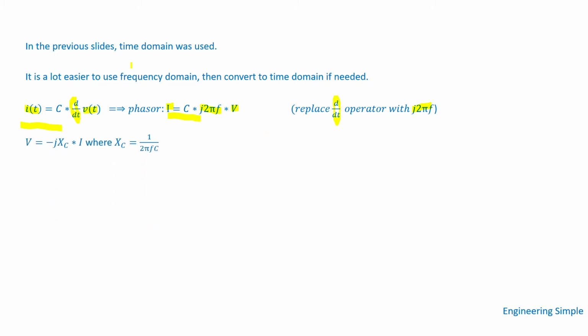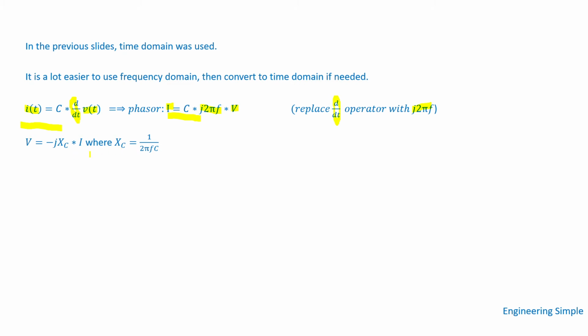So we can rearrange this. This equation here is current. If I want to find voltage, I just do some math. So voltage is negative j times the reactance of the capacitance times current, where I just took 1 over 2 pi f and called it reactance of capacitance.